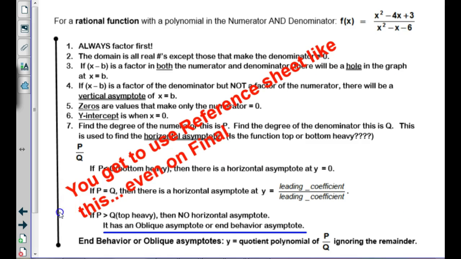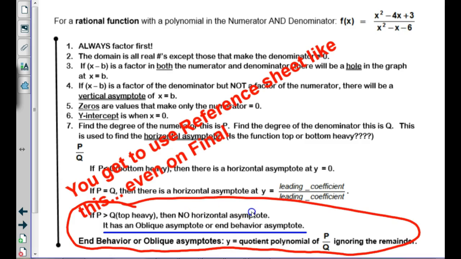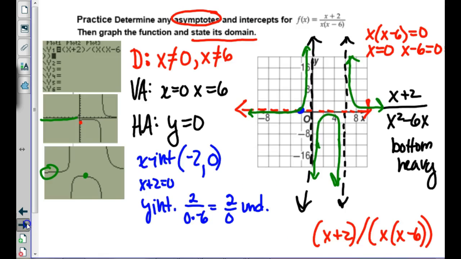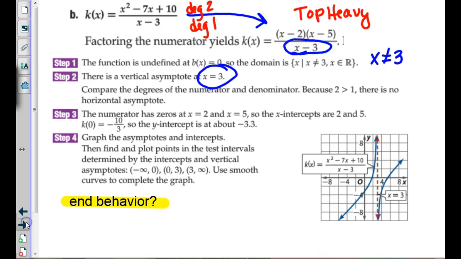If it's top heavy, the very bottom here says no horizontal asymptote, but it has an oblique or end behavior asymptote, and you must find this by dividing and ignoring the remainder. Do you remember that? So back to my example. Real quick, we'll just finish up with this.